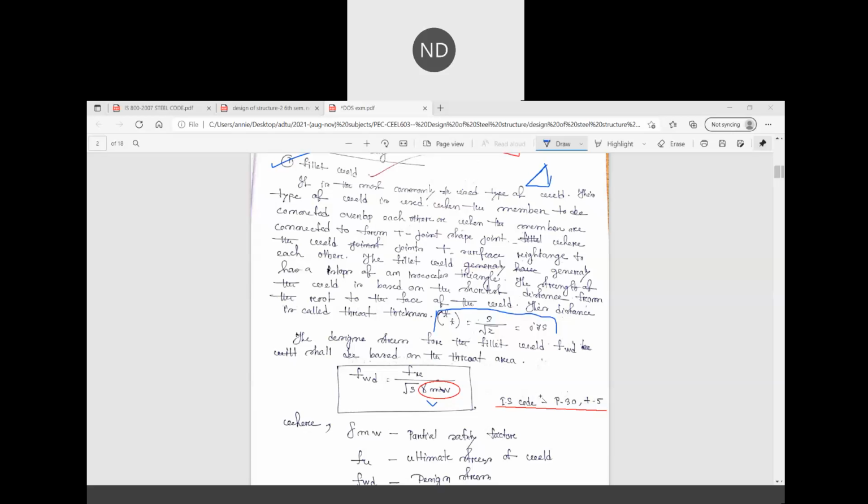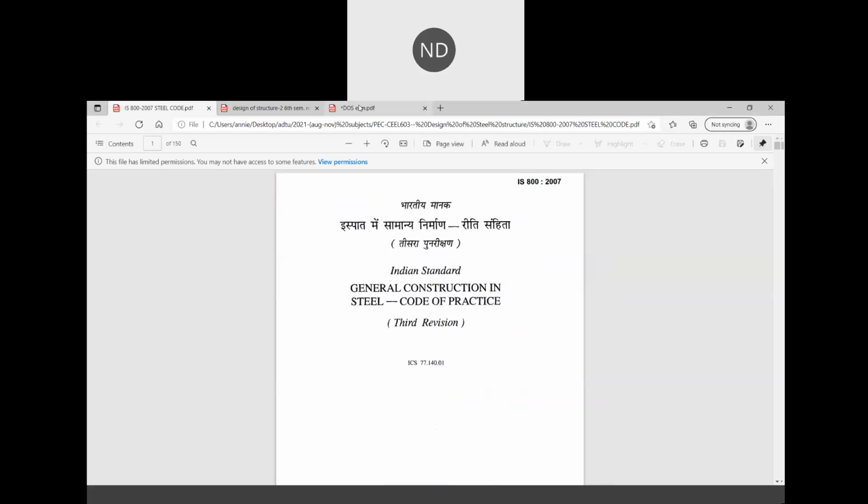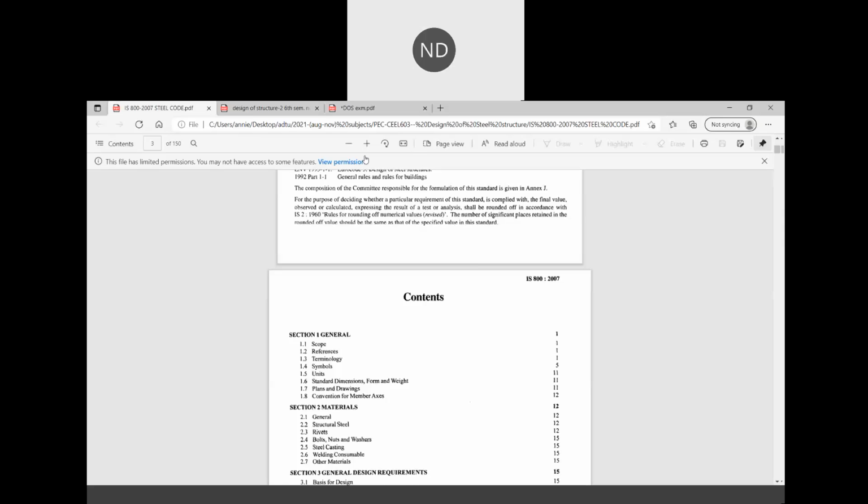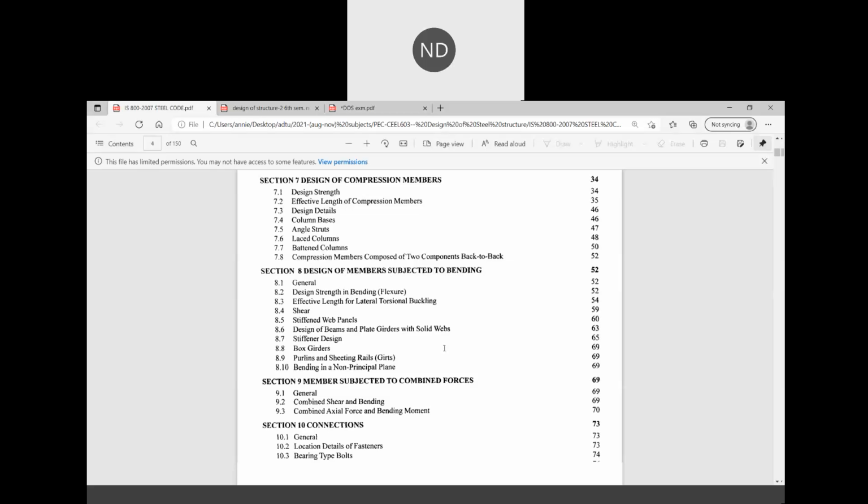Here you will see IS 800 2007. You need this IS 800 2007. Here you see page number 30, table 5. In table 5, you are going to get your partial safety factors.